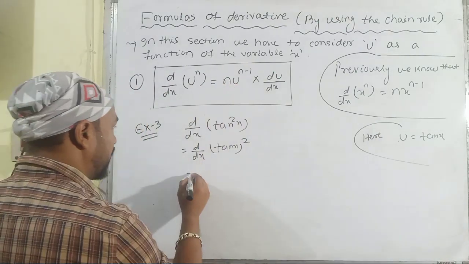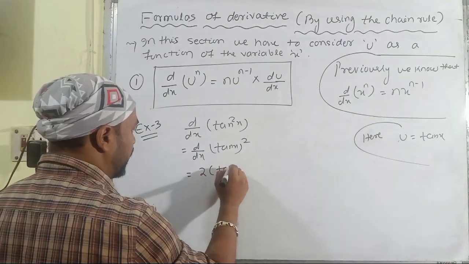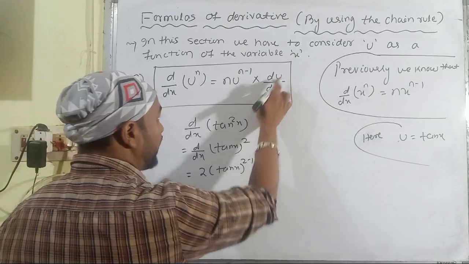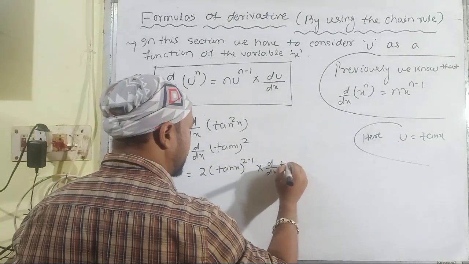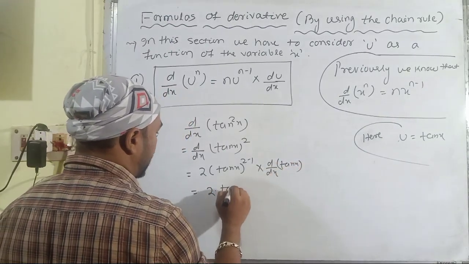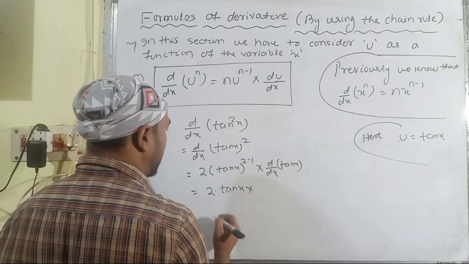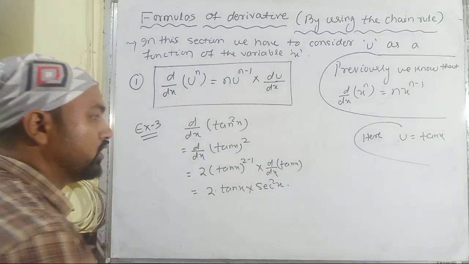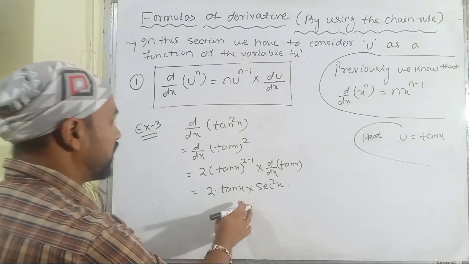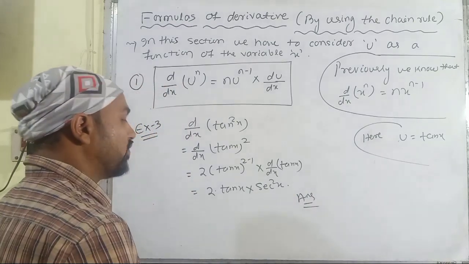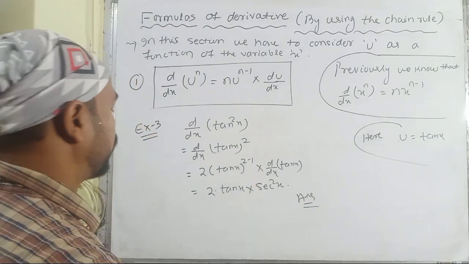So applying this method here, 2 multiplied with (tan x) whole to the power 2 minus 1 multiplied with the differentiation of u, that means differentiation of tan x. So it is 2 tan x multiplied with the differentiation of tan x, that is sec square x. Okay, so this can be the answer: 2 tan x multiplied with sec square x.